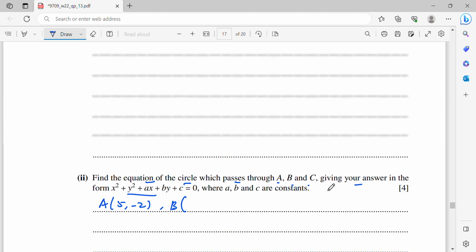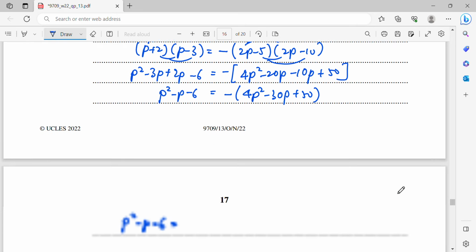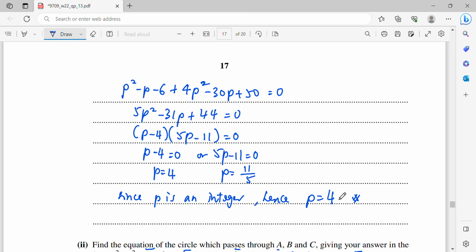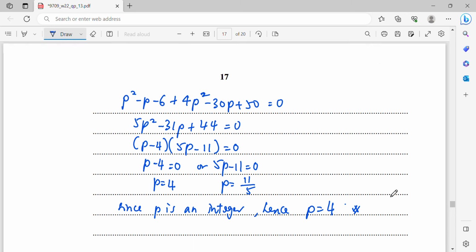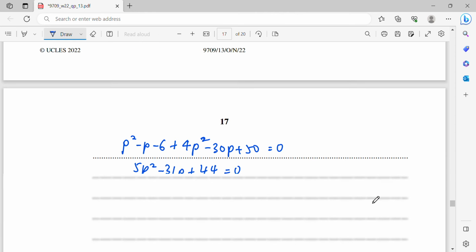My B has coordinates (10, 3). Then my C with coordinates, since we have found p equals 4, you refer back to here. So p is 4, that means the x coordinate becomes 8, then the y coordinate is 4. So C is (8, 4).